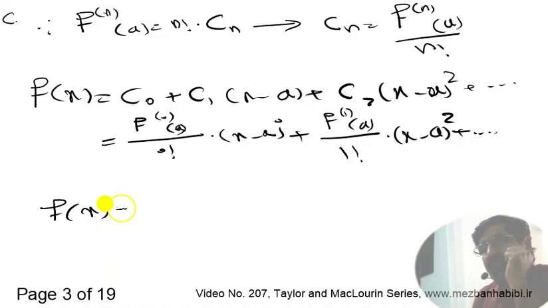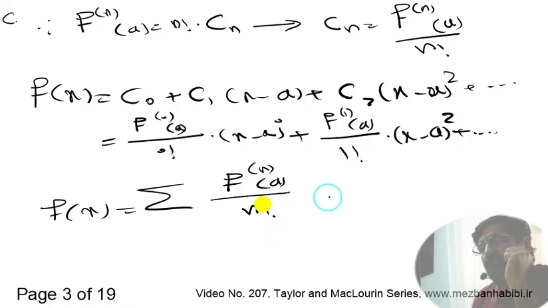That is the last step: the sum of the nth derivative of f at a over n factorial times x minus a to the power of n, from 0 to infinity.